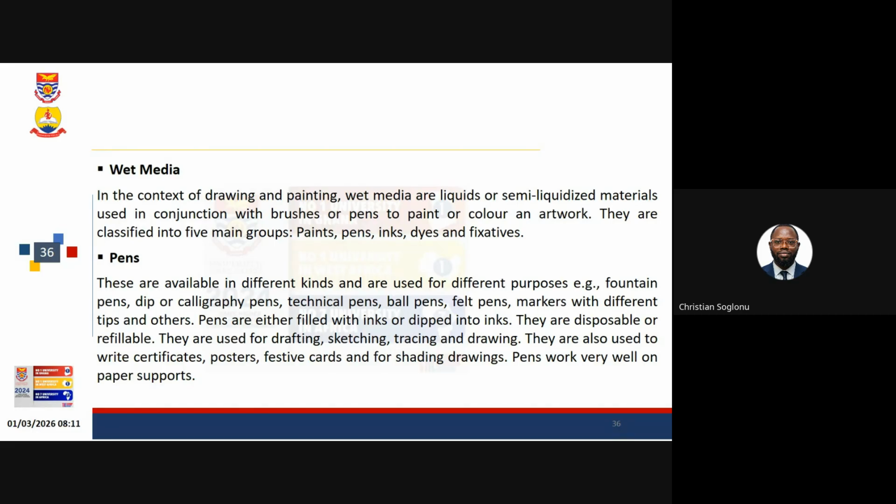Pens are either filled with inks or dipped into inks. They are disposable or refillable. They are used for drafting, sketching, tracing, and drawing.